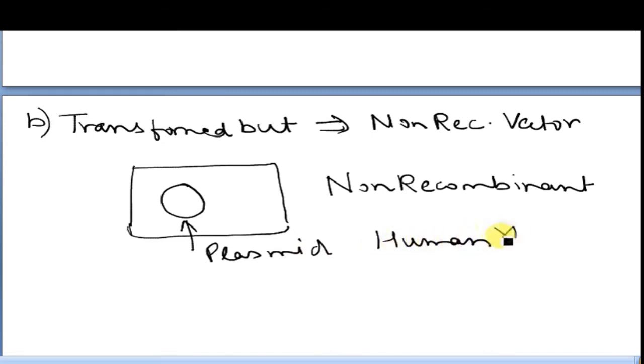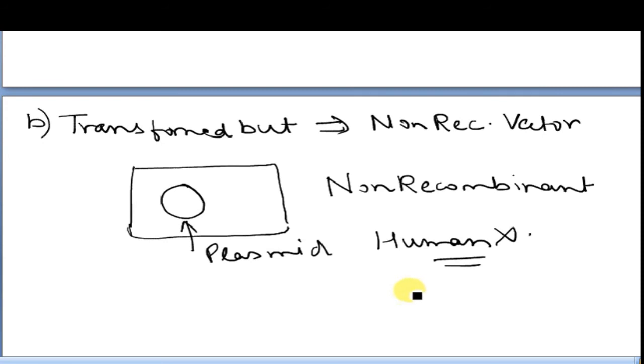Which means that recombination also is not a 100% process. The recombination formation efficiency is also not 100%. So these E. coli cells have been transformed by non-recombinant vector, right?